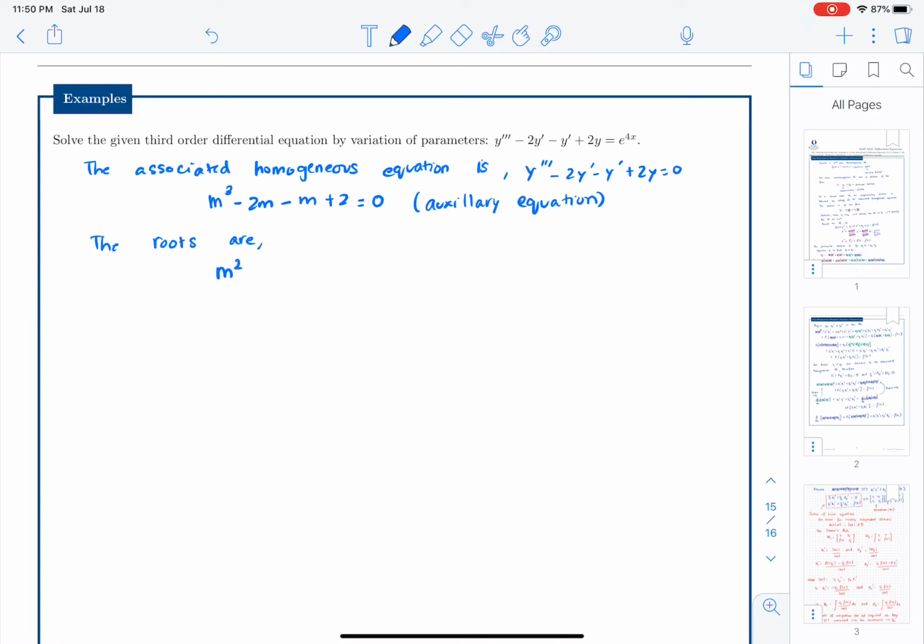So the Wronskian W is e raised x, e raised minus x, e raised 2x. Got to take the derivative. That would be e raised x, and over here we would have minus e raised minus x, e raised 2x times 2, and e raised x, e raised minus x, e raised 2x times 4.